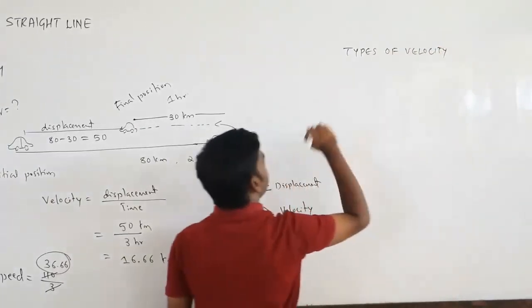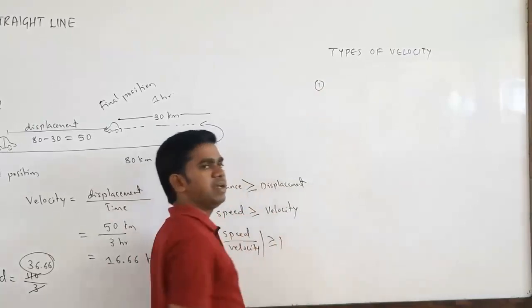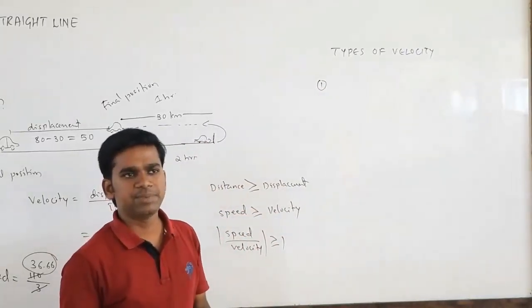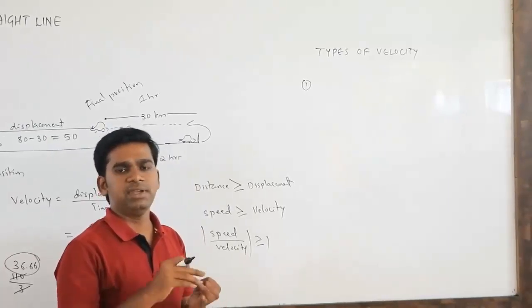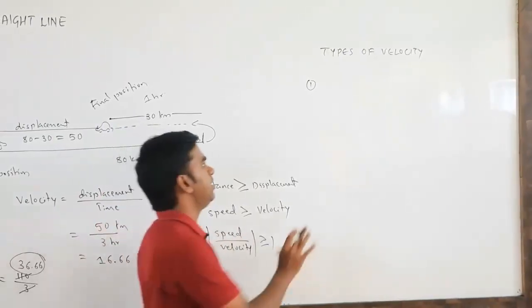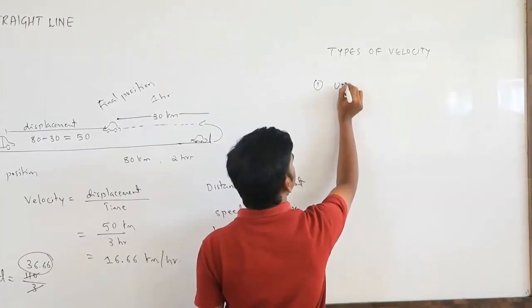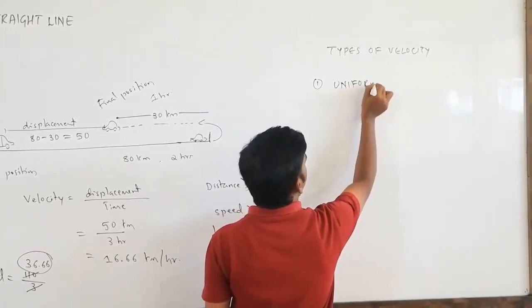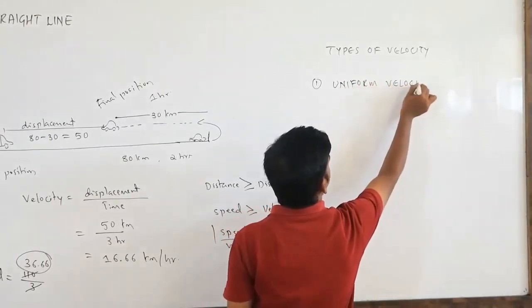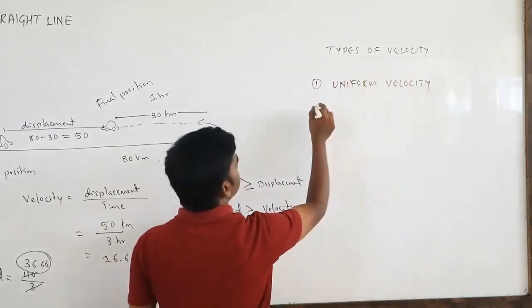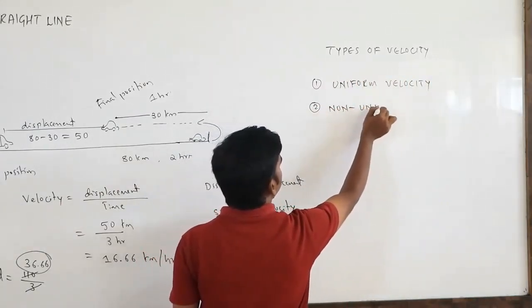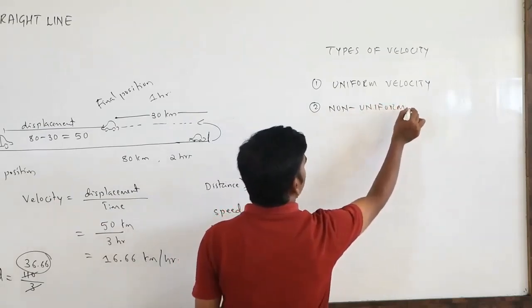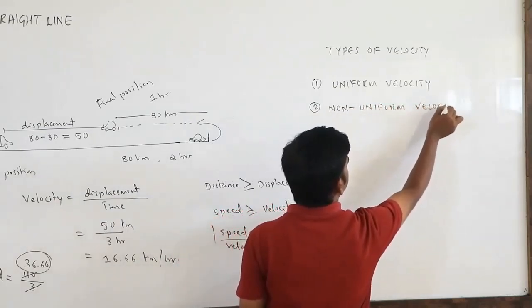So what are the types? The first one is same as the speed. What are the types of speed? Uniform speed, non-uniform speed, average speed and instantaneous speed. Similarly here, uniform velocity. Second one is non-uniform velocity.